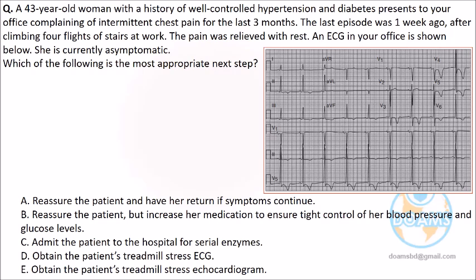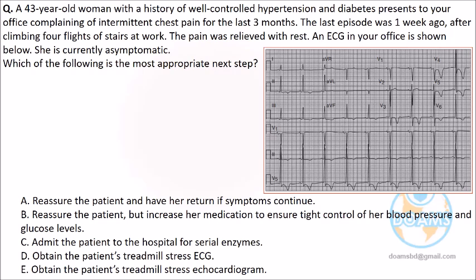So the ECG shows some T inversion, right? Somewhere a little ST depression could be there, but the prominent feature is T inversion. The patient presented with intermittent chest pain for the last 3 months, coming and going.